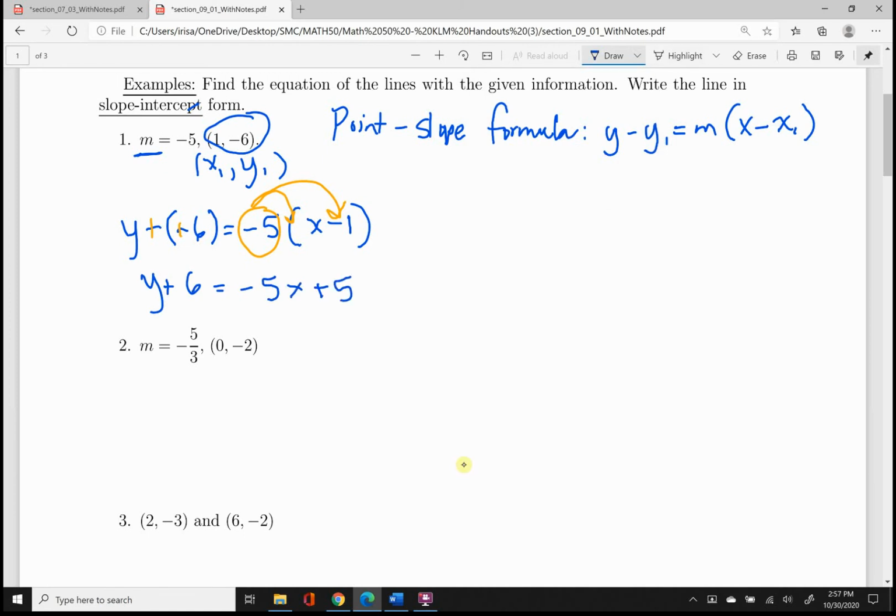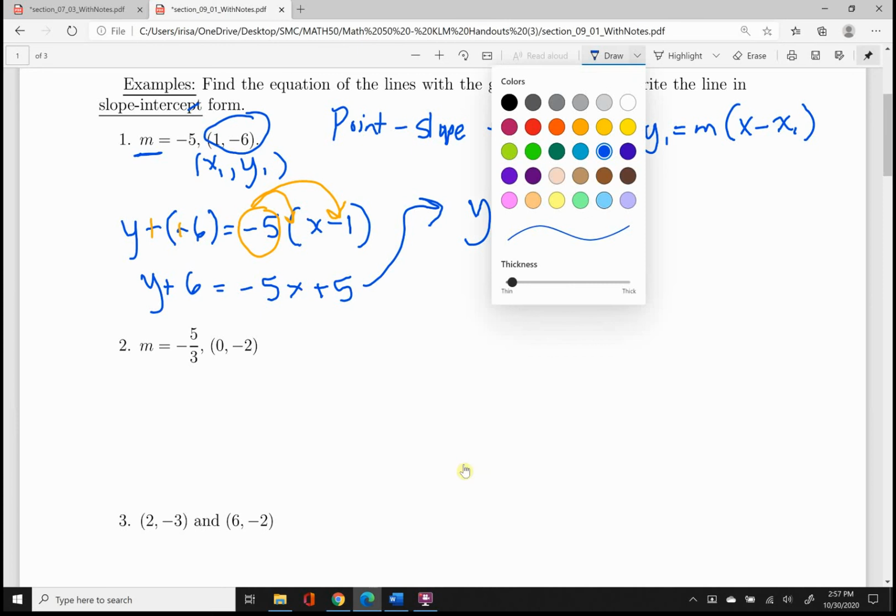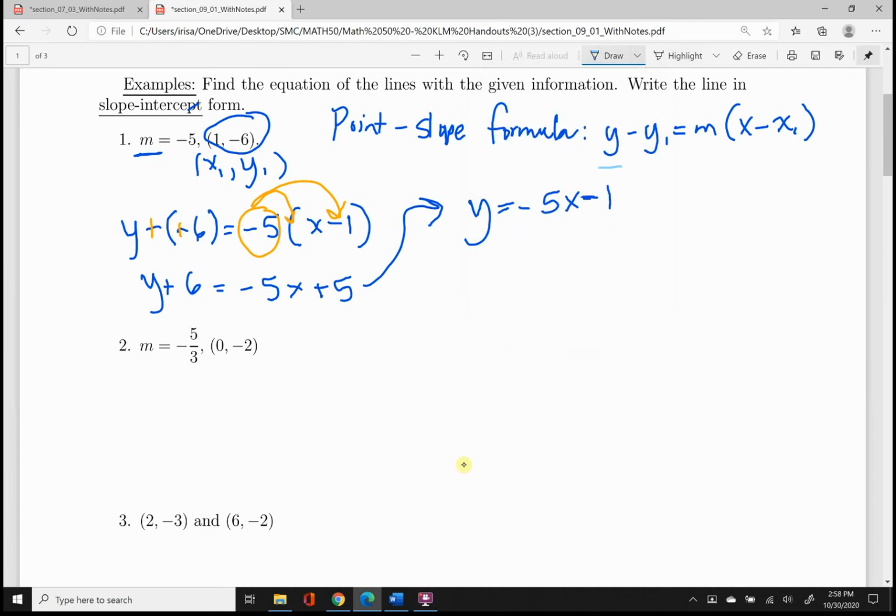And then I will subtract 6 from both sides, which will give me y equals -5x minus 1. Again, subtracting 6 here gets rid of the 6, subtracting 6 here gives me a constant term of -1. So there you have it. Okay, all done for that one.